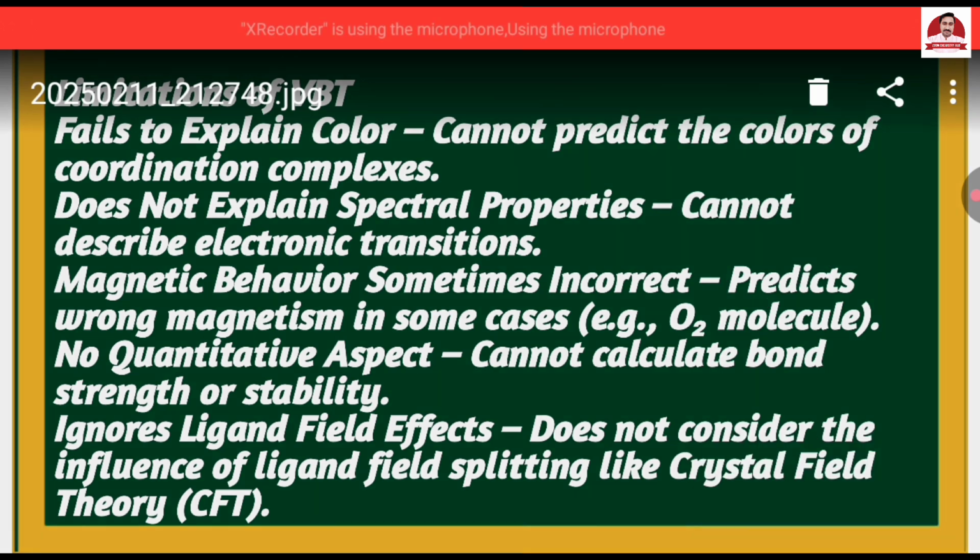Next, it ignores the ligand field effect. It does not consider the influence of ligand field splitting, which is explained in the crystal field theory, but VBT does not explain the ligand field effect.